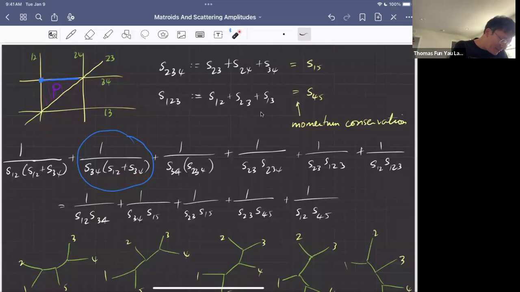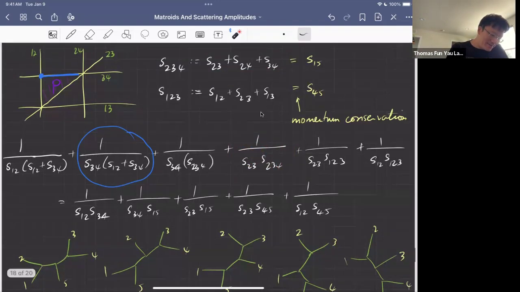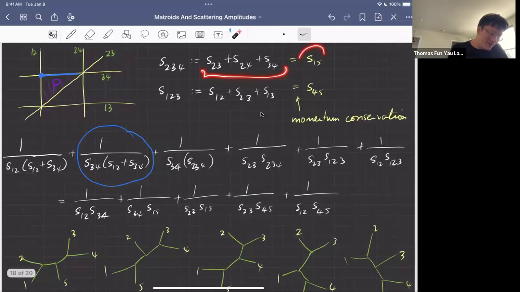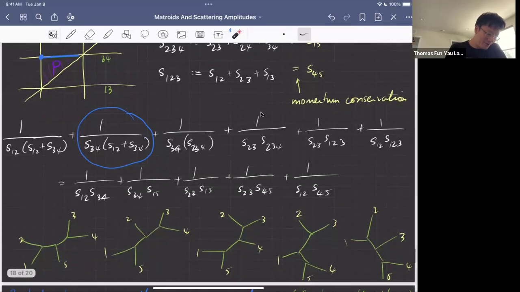The flags over here are slightly more interesting. For example, the flag here will correspond to this term. It's the hyperplane S23 and the vertex S234. S234 is the linear function that is a sum of 3 things, not just 2 things. But by momentum conservation, this sum of 3 things is equal to just 1 thing, if I rewrote it.